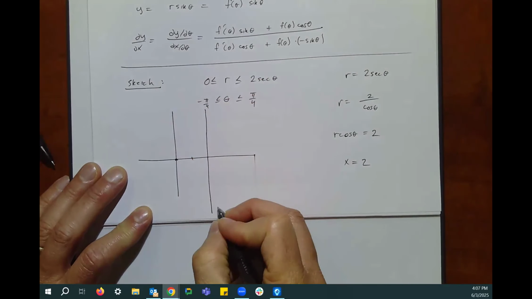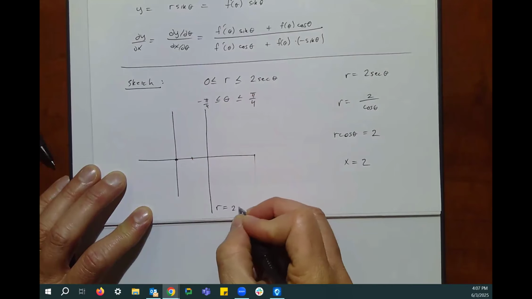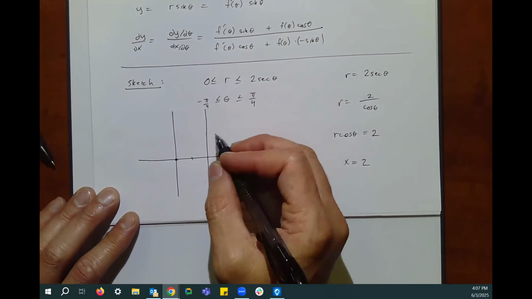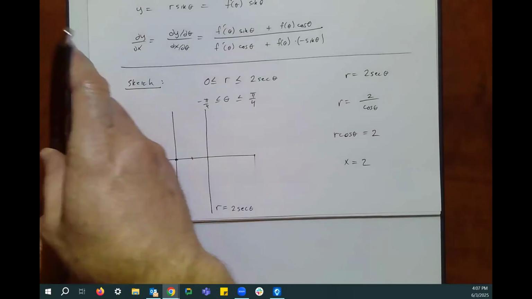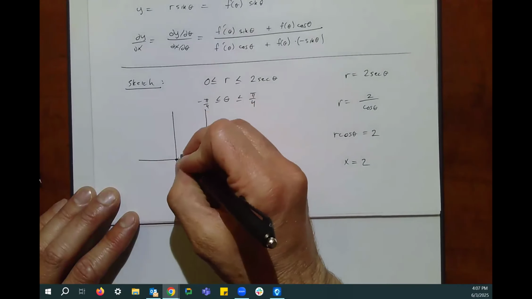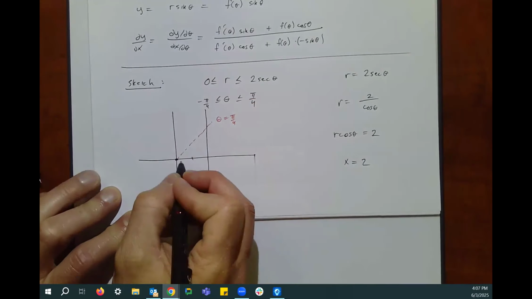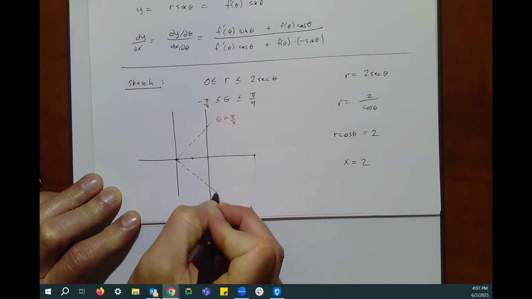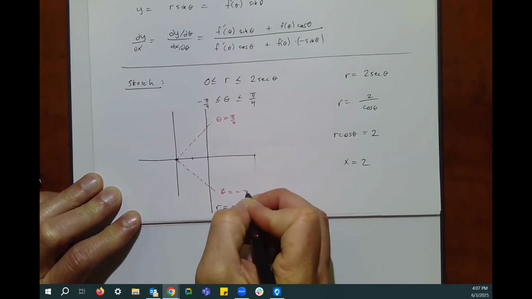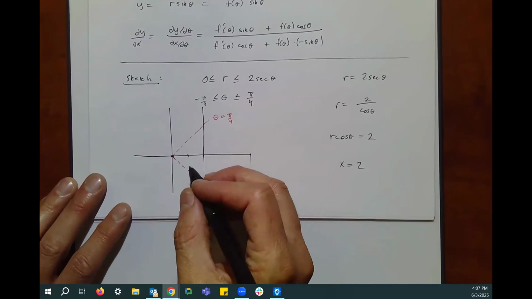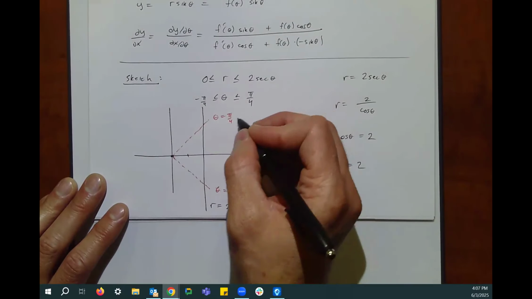So here's the curve R equal to 2 secant theta. And then theta equals pi over 4 is this angle, and theta equals negative pi over 4 is that angle. Before I sketch the region, the idea here is that you're essentially saying R goes from 0 to this 2 secant theta.